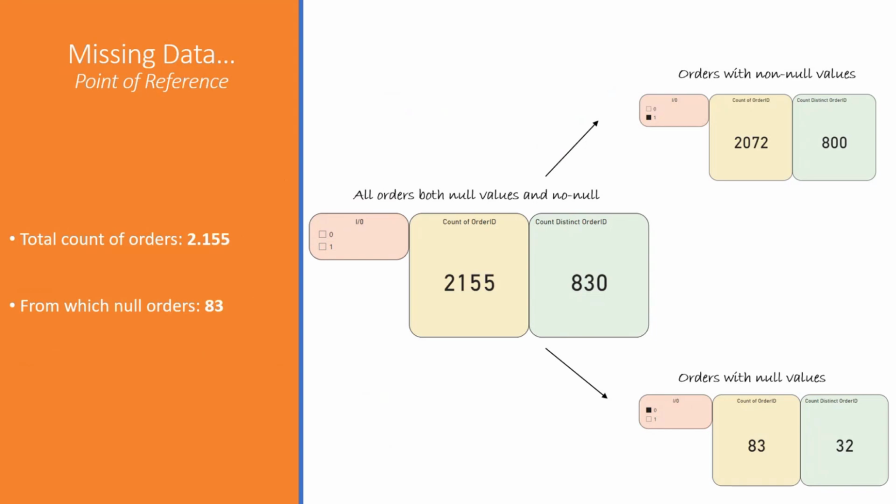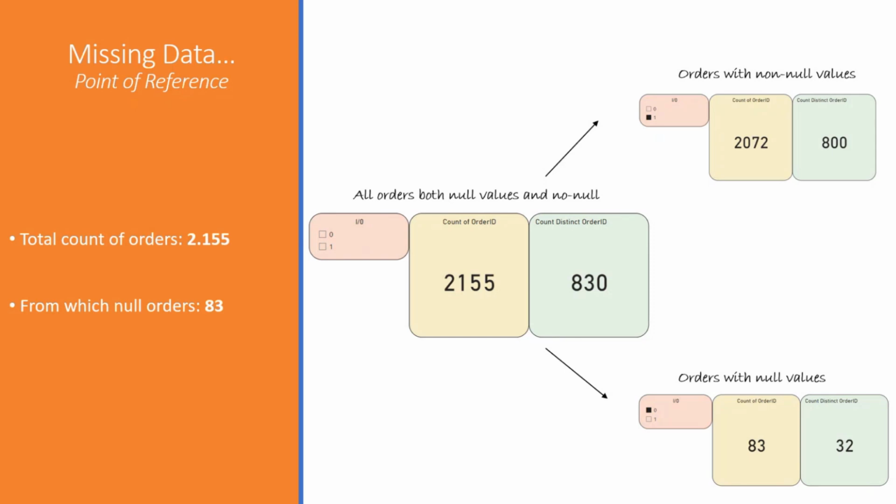And the fifth problem is the missing data. I'm using as point of reference the count of the orders and the orders that are null within the orders. So the way I have the point of reference, it's okay, I have null values and not null values.